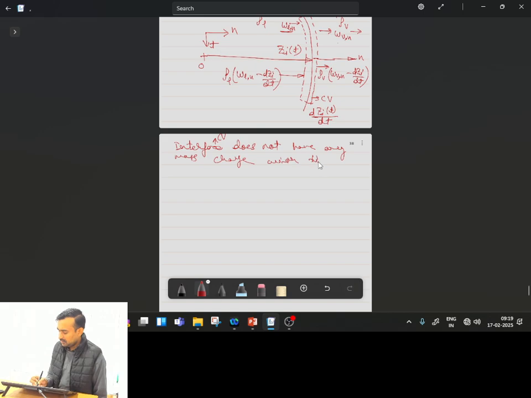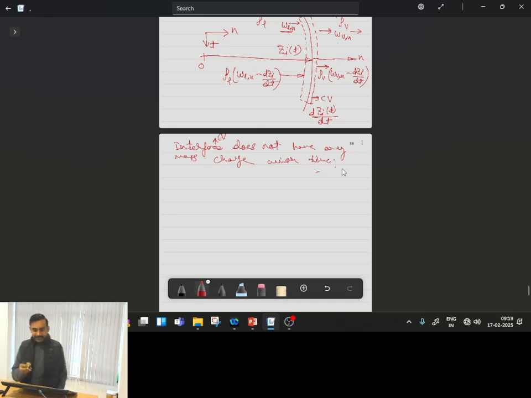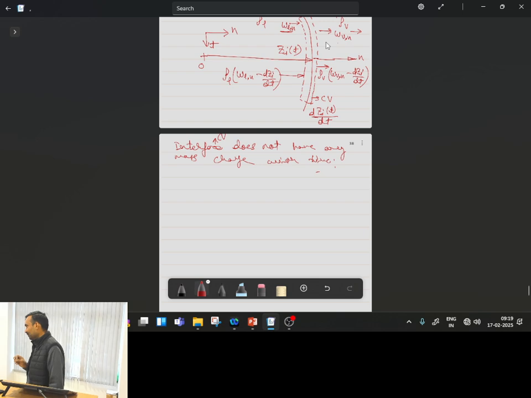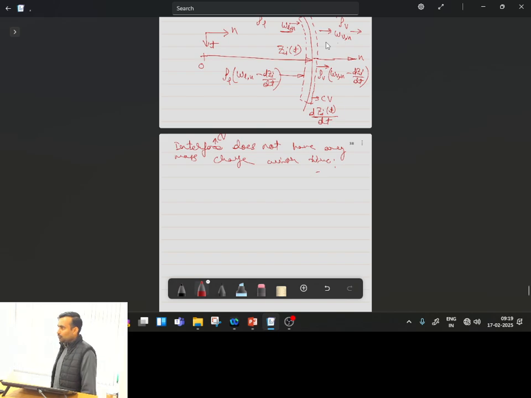Right now, for doing my analysis, I am considering the interface to be an infinitely small control volume. But when we look at the macroscopic level, the interface is not a 3D volume, it is only a 2D surface. So at that 2D surface there will not be any storage of mass.